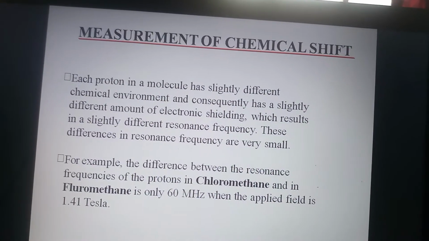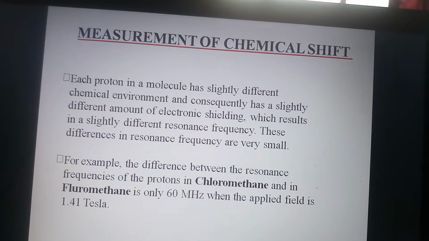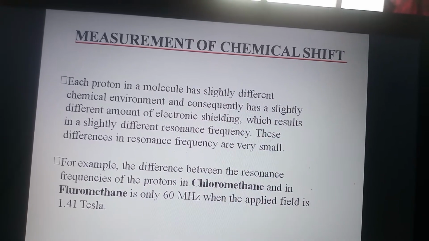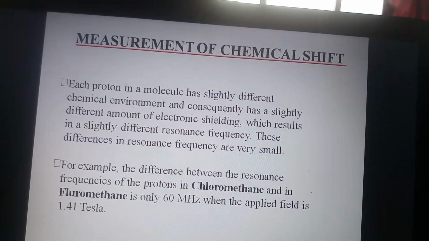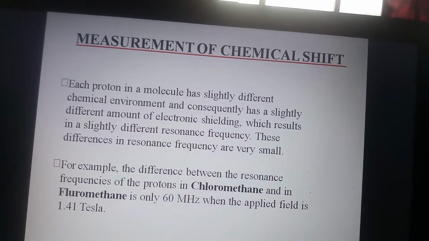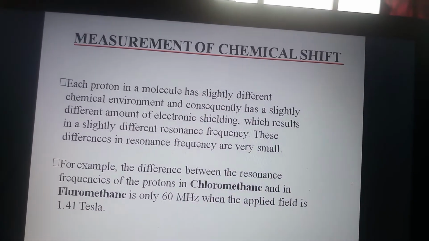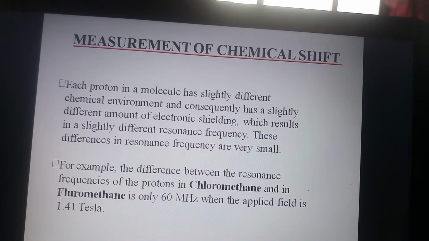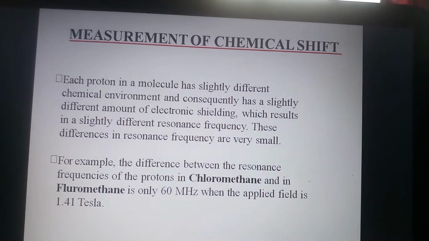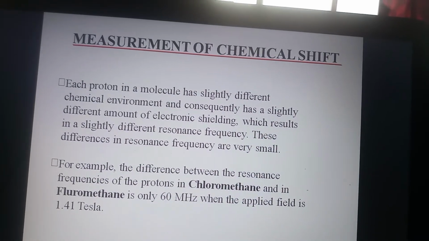Measurement of chemical shift. Each proton in a molecule has a slightly different chemical environment, we know that, and consequently has a slightly different amount of electronic shielding, which results in a slightly different resonance frequency. These differences in resonance frequency are very small. For example, the difference between the resonance frequencies of the protons in chloromethane and in fluoromethane is only 60 hertz when the applied field is 1.41 Tesla.